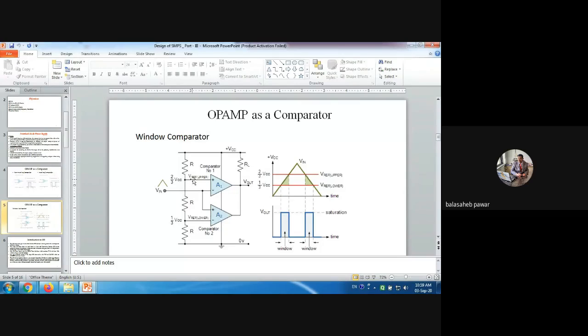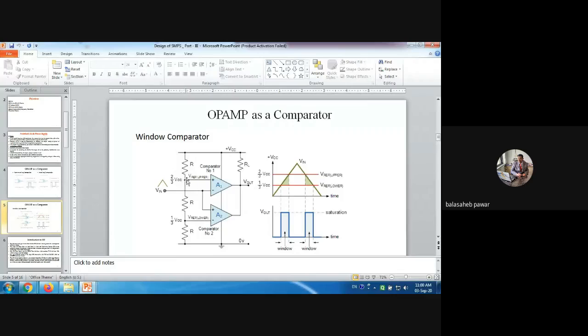3 resistors are used. See, during our prerequisite, I already covered these things. All resistors are of the same value. Correct. And if it is powered by VCC, all 3 are connected in series. Between the first 2, how much will it be? 2 by 3 VCC. Correct? Because how will you determine that node voltage?